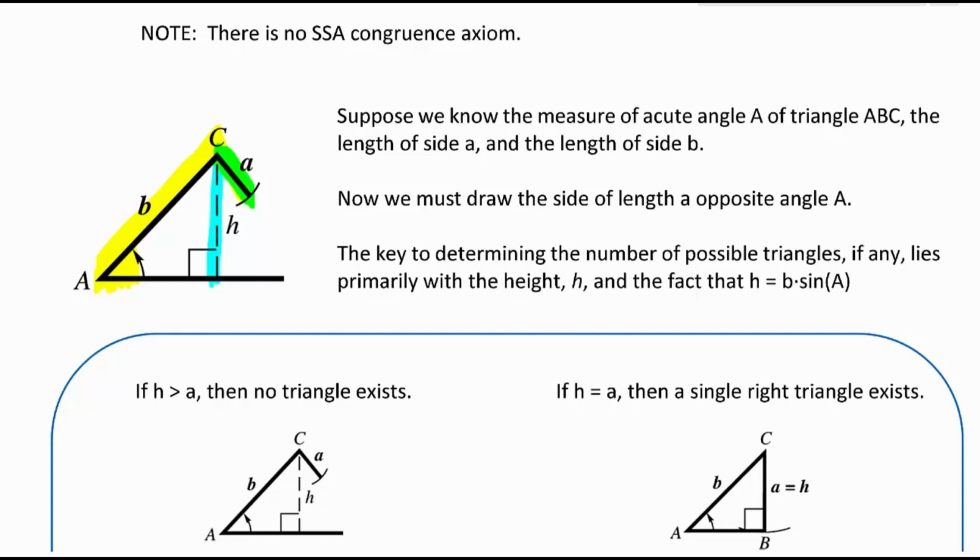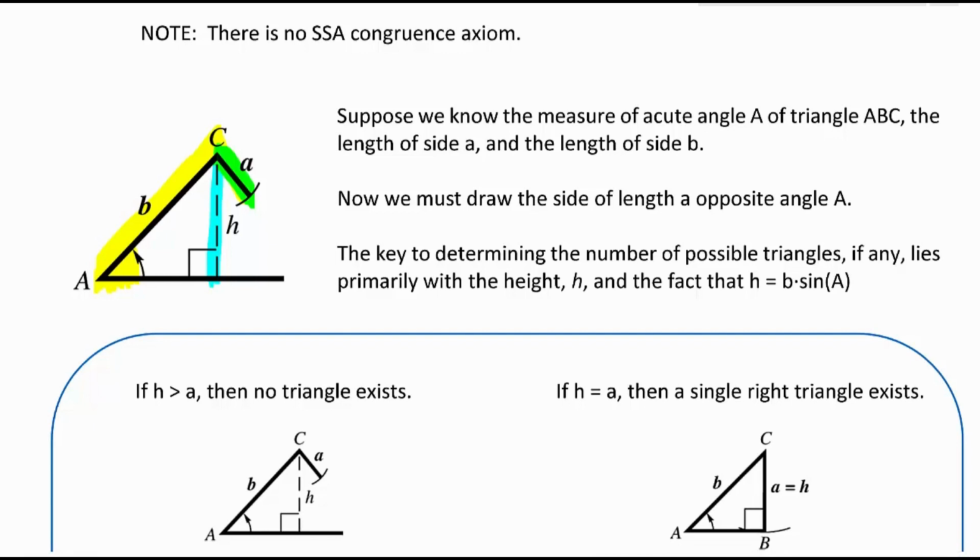So the shortest possible length for that side a, which is highlighted in green, the smallest it could possibly be, has to be equal to h. It might be bigger than that, but if side a is smaller than that, then it's not going to close and create a triangle. And it is true that h is equal to b times sine of A.